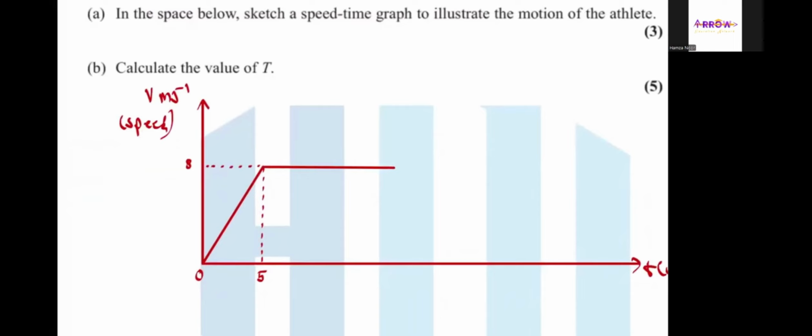This speed will be maintained for a further t seconds, which will make this time 5 plus t, or you can say t plus 5, meaning this horizontal distance is t seconds. When you write t plus 5 here, it implies the time duration for the steady speed is t seconds, but t is unknown right now.